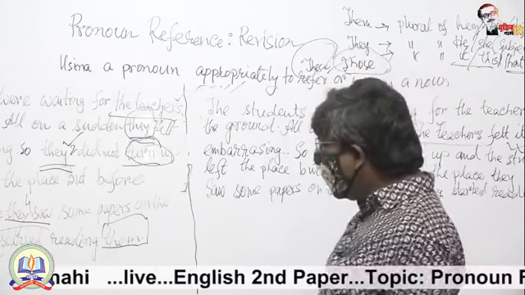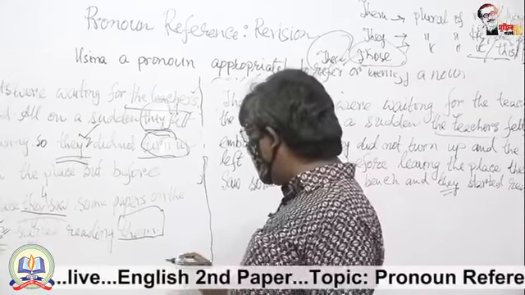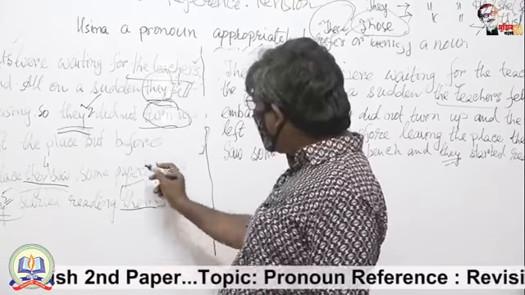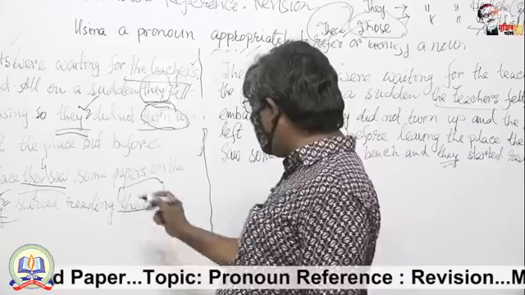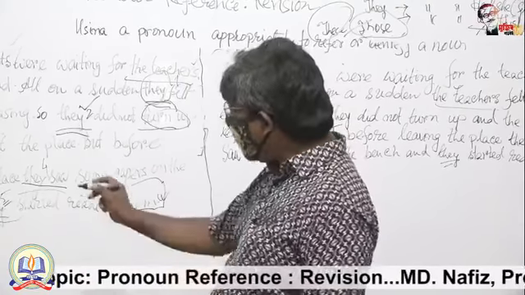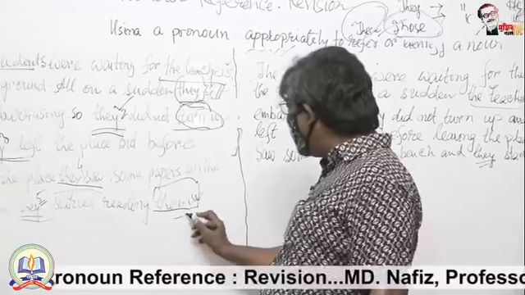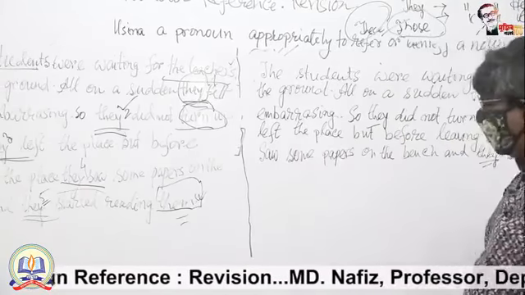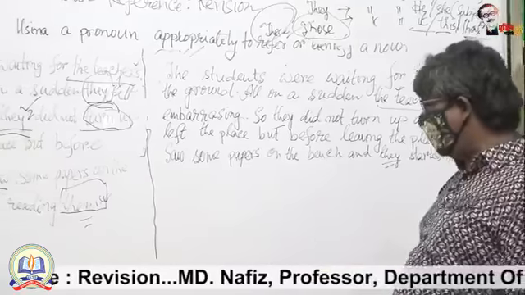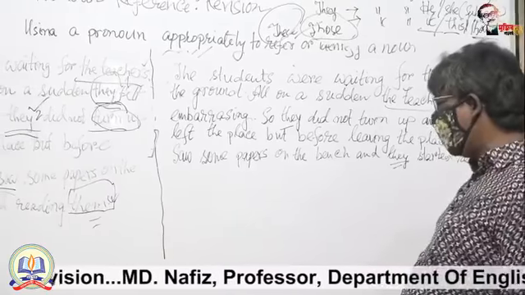So, what did the students start reading? The students started reading some papers. Some papers means those papers they got on the bench. Therefore, you should not write "them". The use of "them" in this context is wrong.